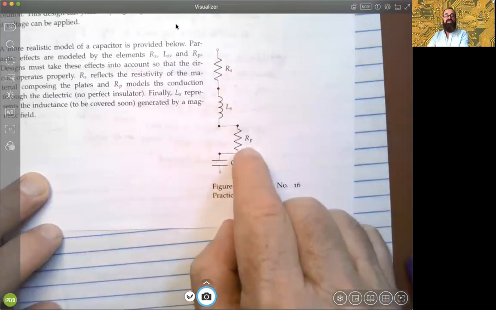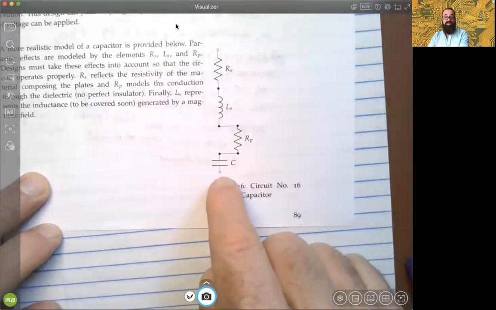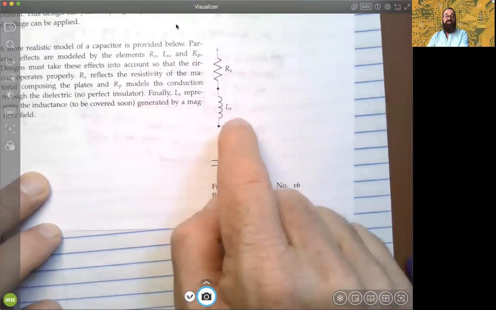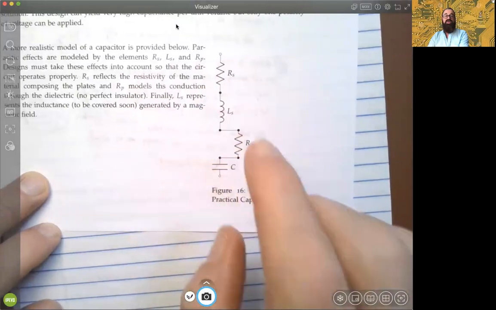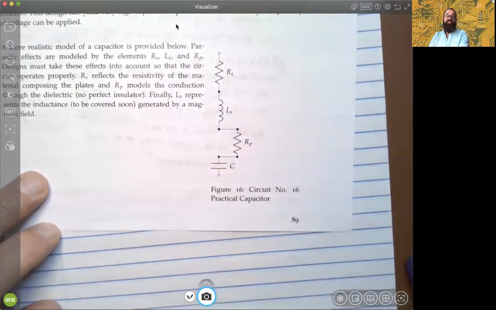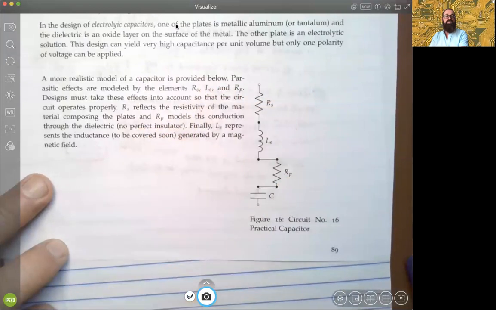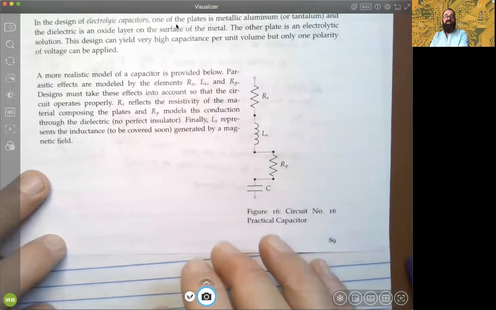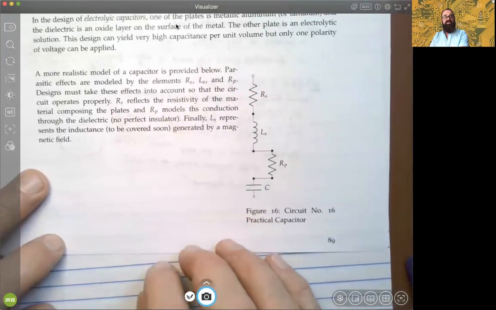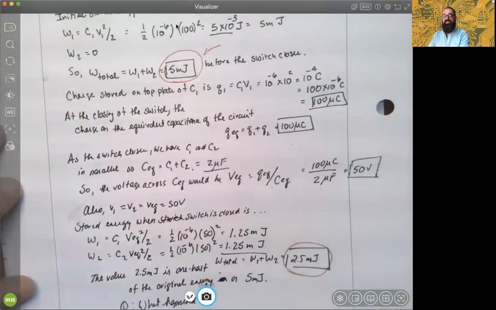We could have already predicted that we're not going to maintain 5 millijoules in this capacitance, because these parasitic effects will be pulling off some of the energy that you would have hoped would have gotten there. But again, there are material properties at play. There's physics involved here, which suggests that you can't absolutely maintain the perfect electric field that you'd want. Okay, all right. But this is a nice little problem.